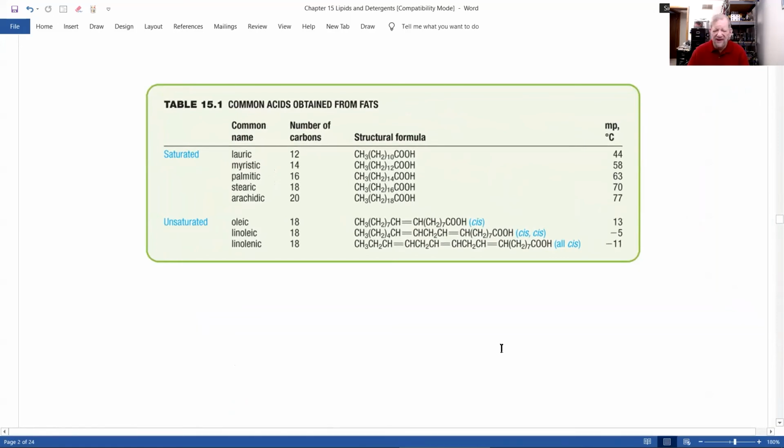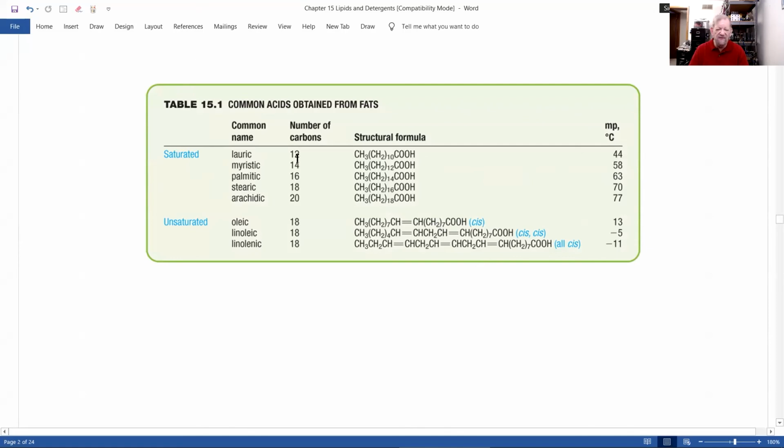Now, in fatty acid nomenclature, nobody uses IUPAC names. They use common names. Stearic is really, the IUPAC would be hexadecanoic acid. Nobody calls that. They call it stearic. And here are a couple of saturated, and the only one I'm asking you to learn is stearic.